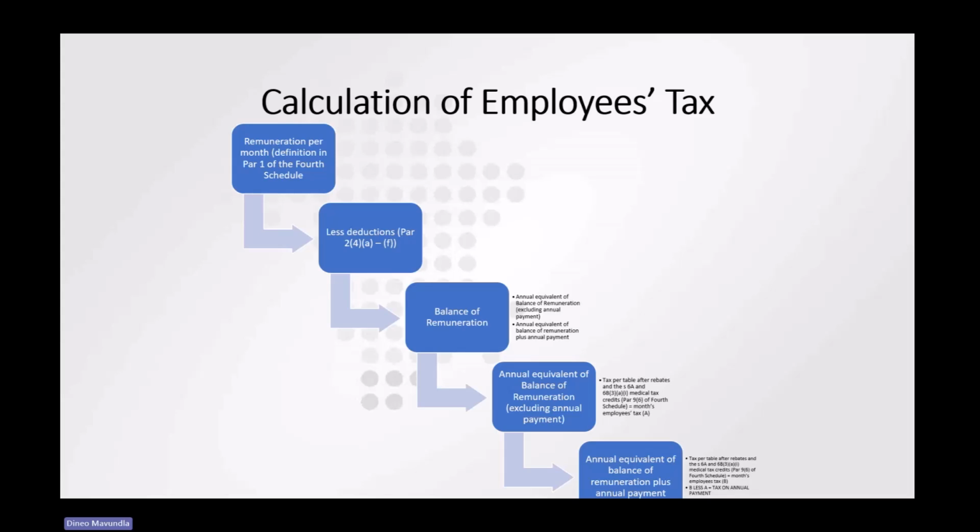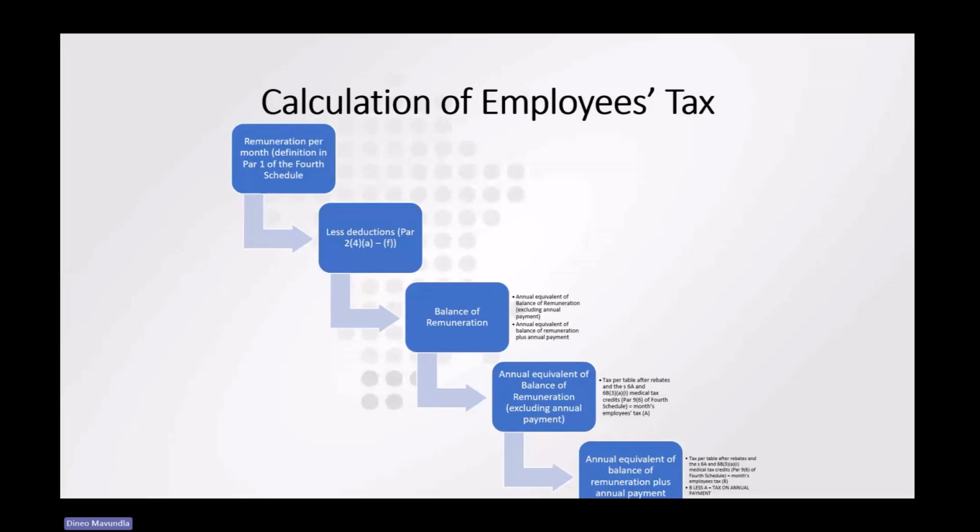Then if for that specific month we got an annual payment, we would calculate our annual equivalent plus the annual payment separately. So you would first calculate the annual equivalent on the normal remuneration that you got. Then again, you would calculate it on the normal plus our annual payment.